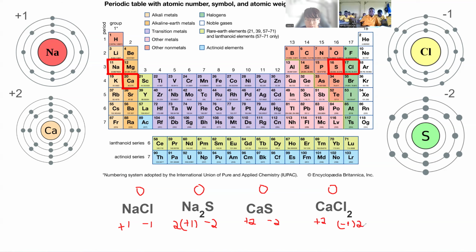All of these have 0 charge, and we want to maintain that. And we can combine calcium and sulfur, +2, -2, to make it 0. We can combine calcium and chloride, +2 and -1. We need 2 -1s, so we have Cl2. This becomes CaCl2 if you combine the ions.